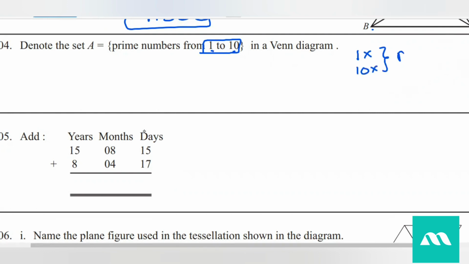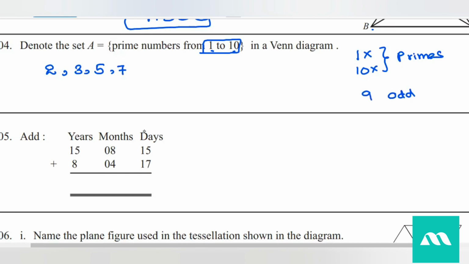Then what are the prime numbers? Prime numbers are 2, 3, 5, 7. 9 is not a prime number. 9 is an odd number.